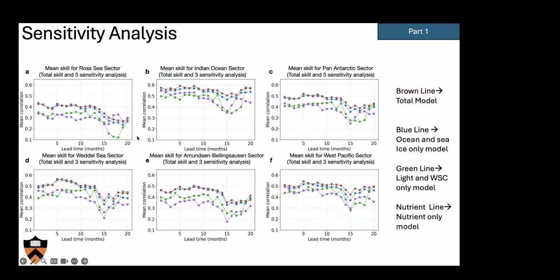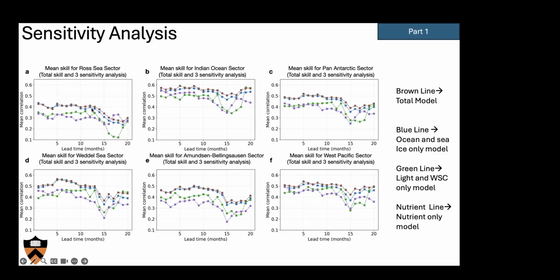So this is essentially the mean skill calculated from the kernel ridge regression. From the total model is the brown line. From the ocean only model is the blue line, and the green line is from the atmosphere and light related variables only, and the violet one is from nutrient only related.